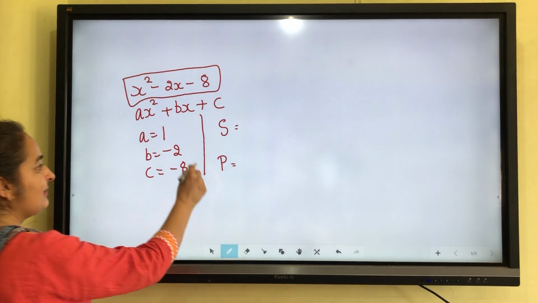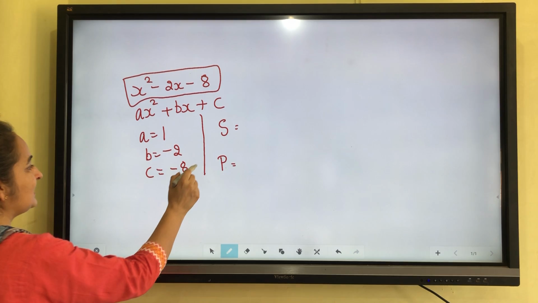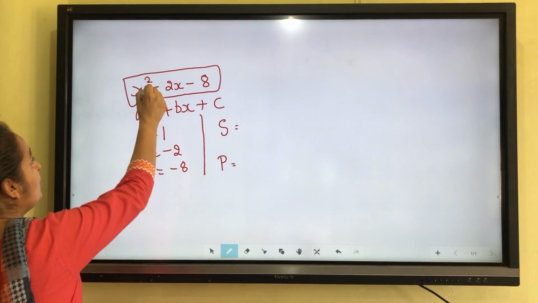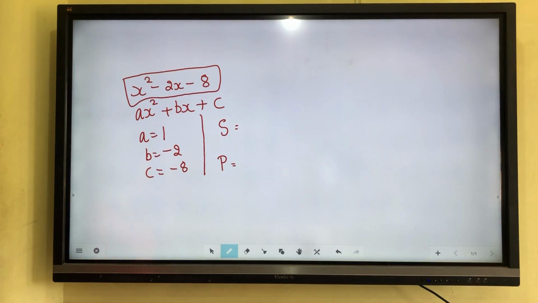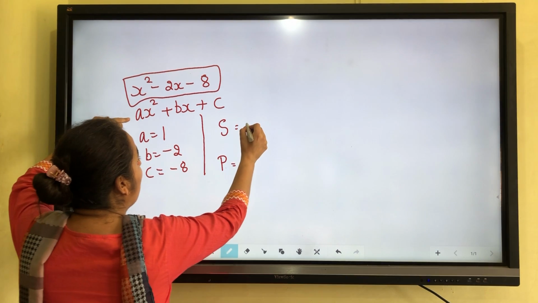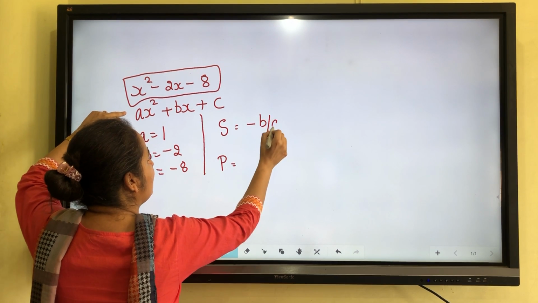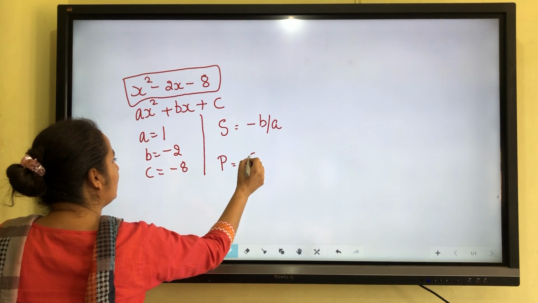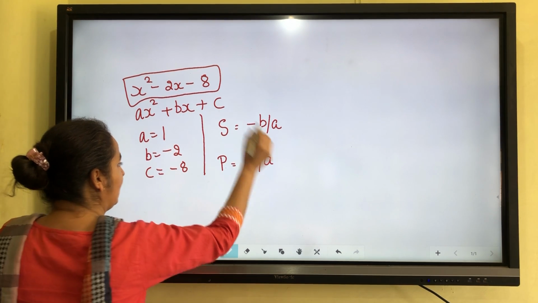Then what is the general formula for calculating the sum and product? Just by looking at the form of the equation, the formula for finding the sum is minus b upon a, and for the product is c upon a.